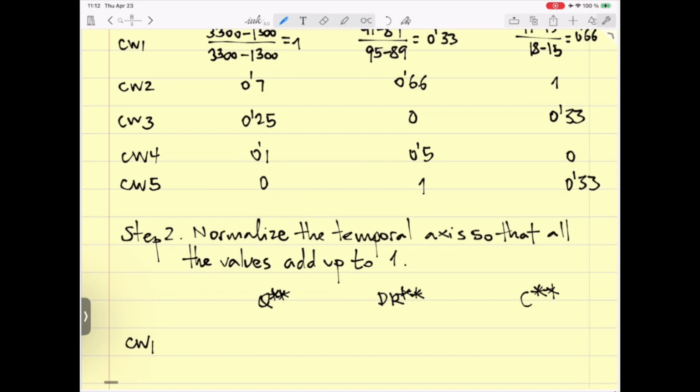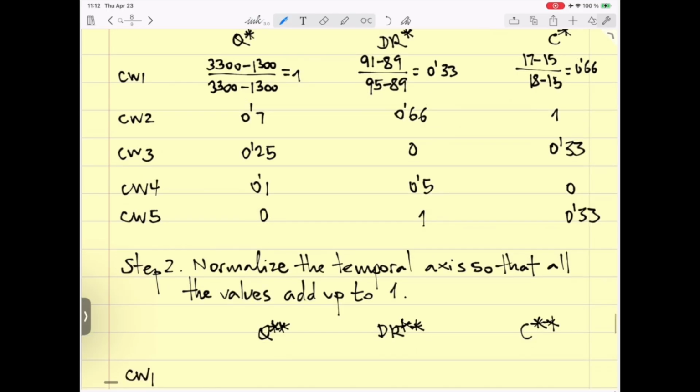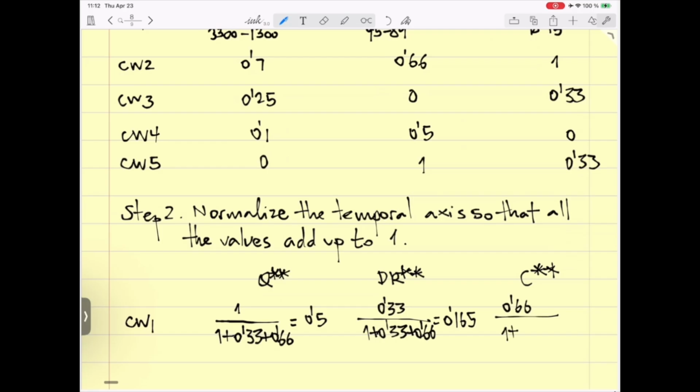And in calendar week 1, in order for the three values in the temporal, 1, 0.33, and 0.66, to add up to 1, what we do is we take 1 divided by the sum, 0.5, then 0.33 divided by the sum, 0.165, and then 0.66 divided by the sum equals 0.33. So now you see these three values add up to 1.